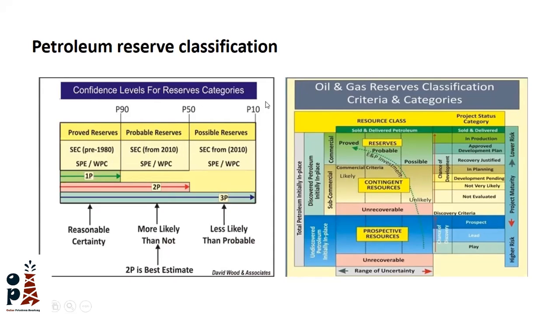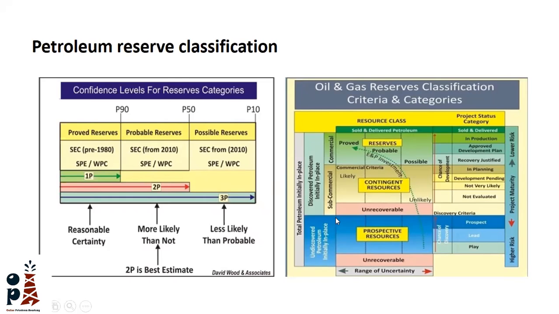If you are 10% confident, this is called the possible reserve. And we have 1P reserve, which includes only proved reserve, and 2P reserve, which includes proved and probable. That is the best estimate to calculate reserve. And the third, 3P, includes proved, probable and possible, and this we call less likely to be produced.